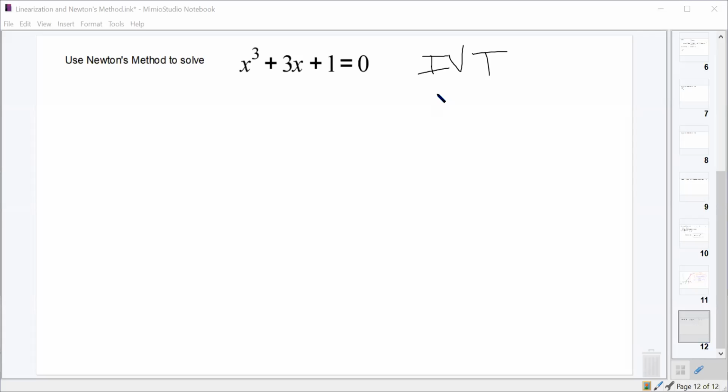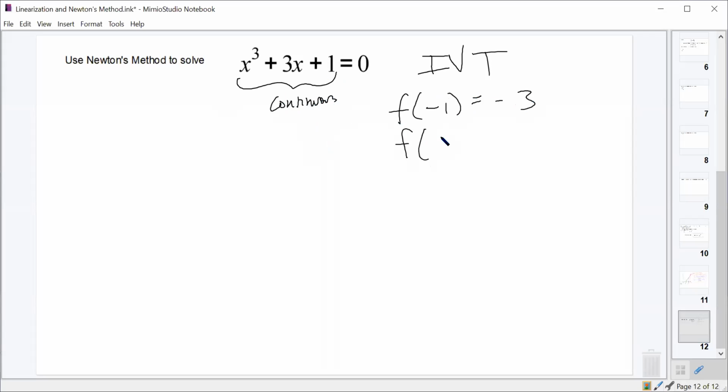Intermediate value theorem. So we're going to use the intermediate value theorem, and we're going to say that this function is continuous on all real numbers. And if we can find an x value that it's negative at, for example, f of -1, what's f of -1? -3.